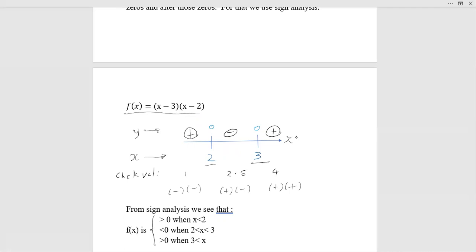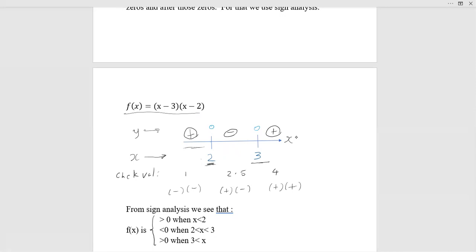Now left of x equals 2, in this region, let's see what the sign is. As I said, in sign analysis, what we expect to find is if the function is above the x-axis or below the x-axis.